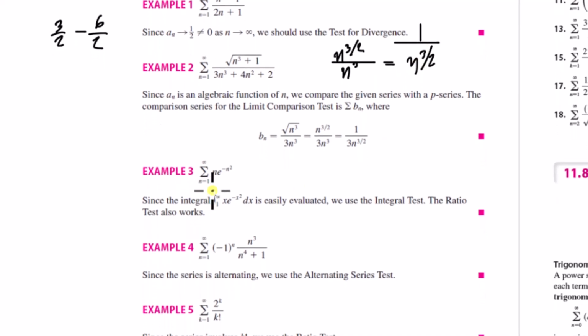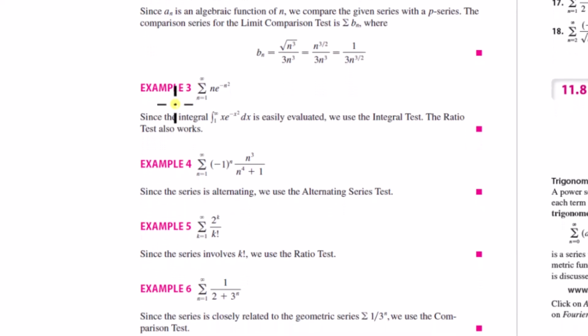Okay, here they notice that you can replace n with x, and you have an integral that you can plug into the integral test, and it's decreasing, so it applies to the integral test. But you can also, you see, it's a product of a power of e and n, so the ratio test also works. Here, alternating series, so the alternating series test.